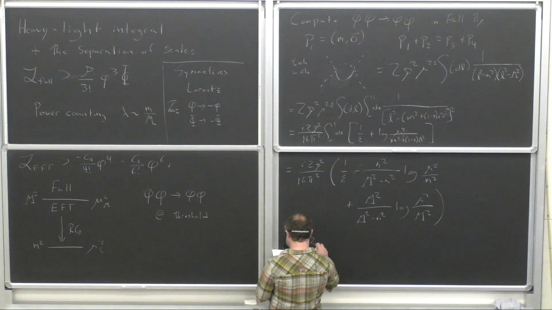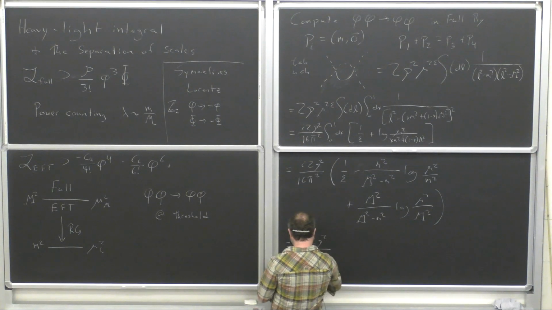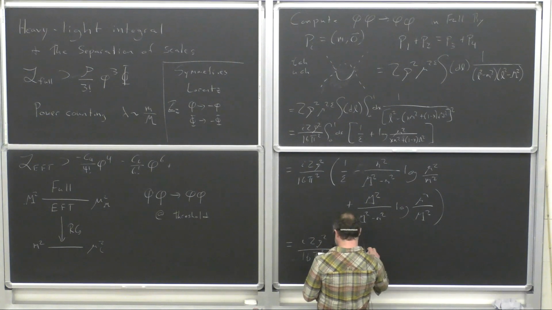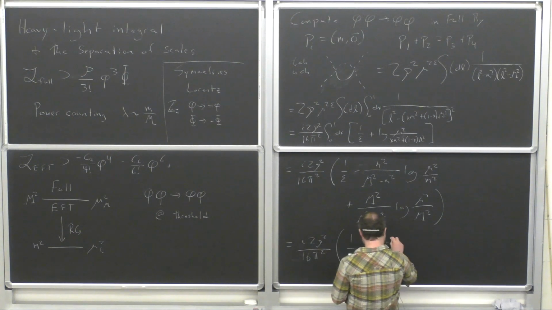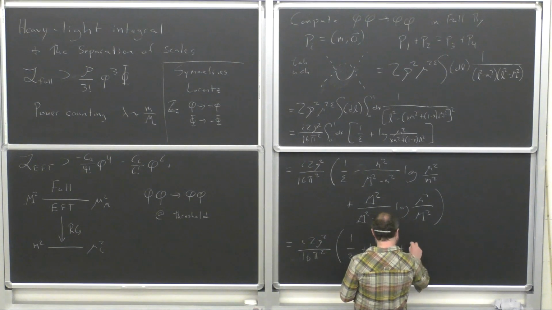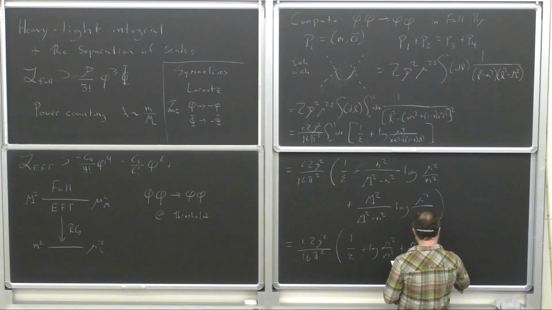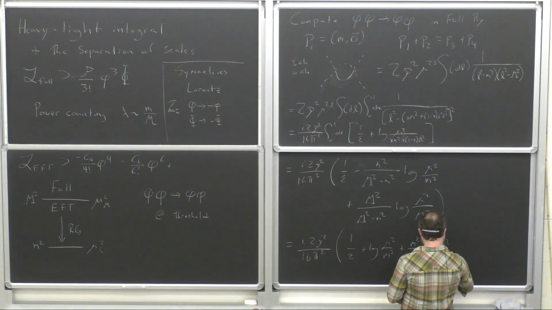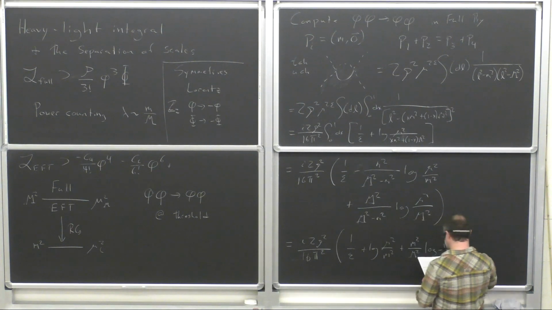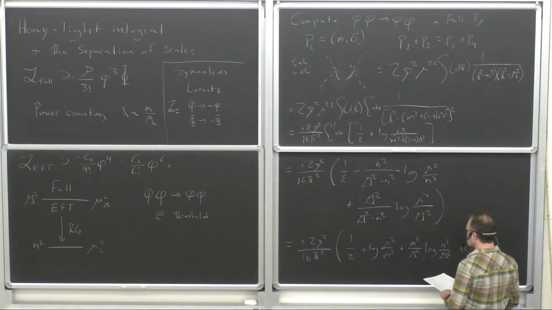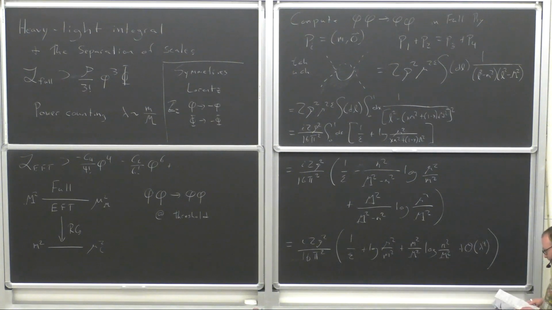We get I rho squared over 16 pi squared, 1 over epsilon plus log mu squared over m squared plus m squared over capital M squared log m squared over capital M squared plus order lambda to the 4th.